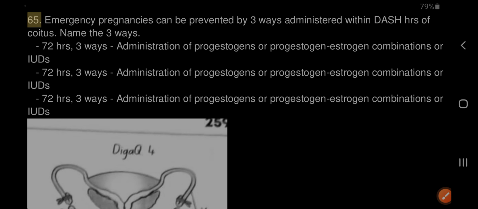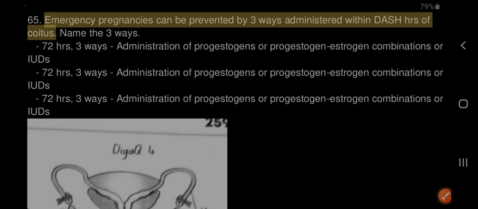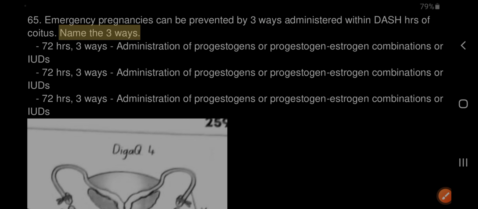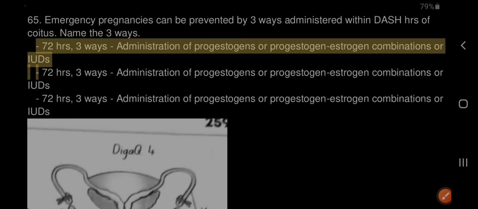Name the 3 ways. Within 72 hours: administration of progestogens, or progestogen-estrogen combinations, or IUDs.